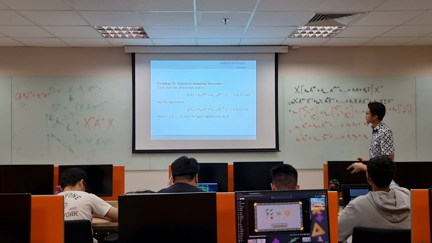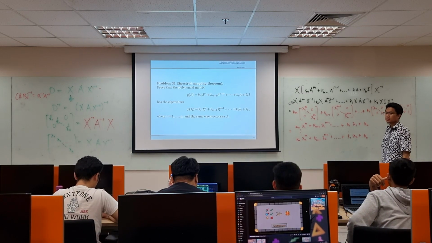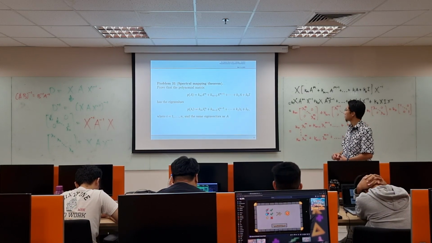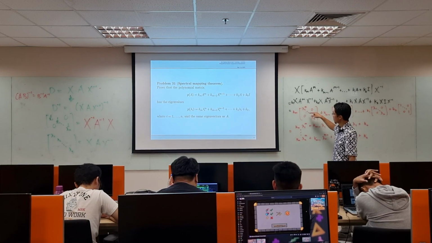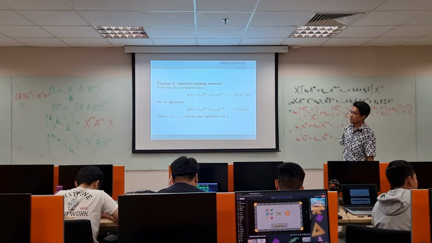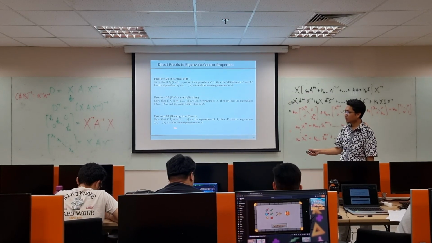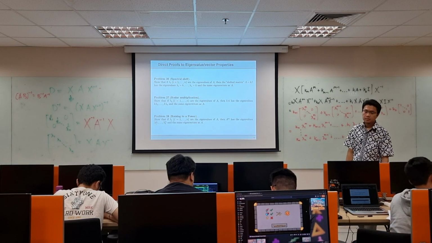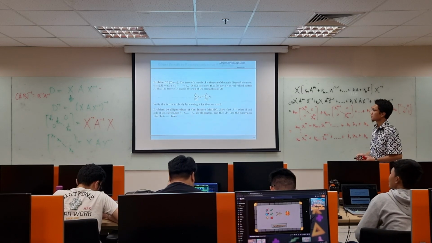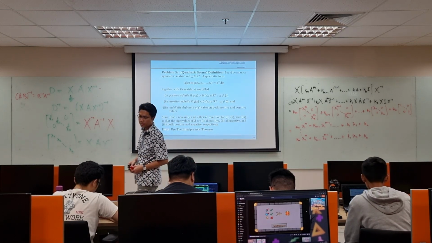Third, X times A times X inverse will be the, which we proved previously. So we prove it just now in here, raising to power. The last one, we run out of time, so you do it on your own, yeah.